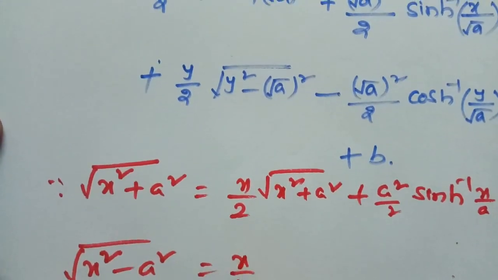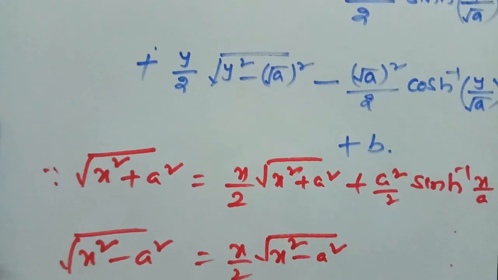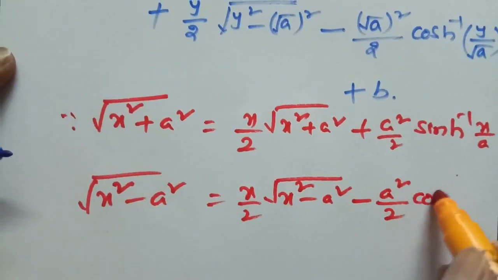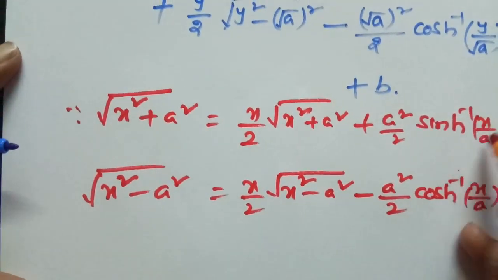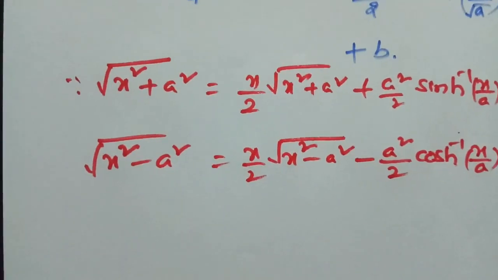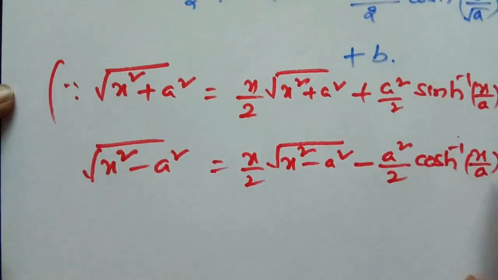Here also x by 2 into square root of x square minus a square minus a square by 2 into cos h inverse of x by a. These two formulas I applied here in the first integration and in the second integration respectively.